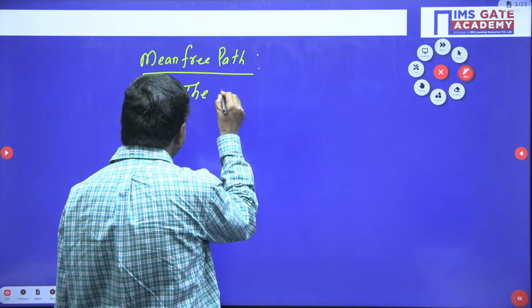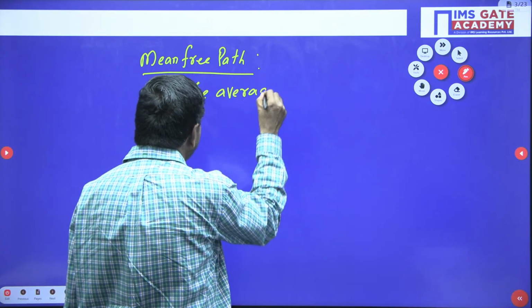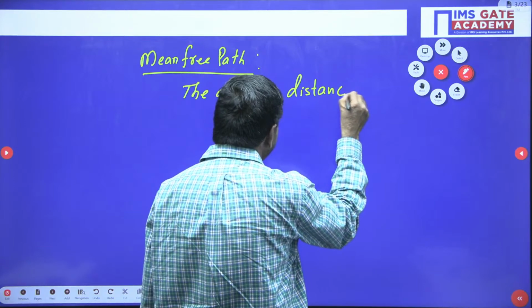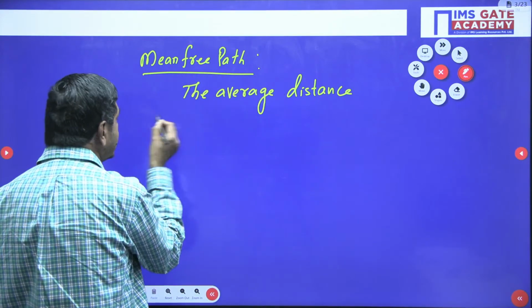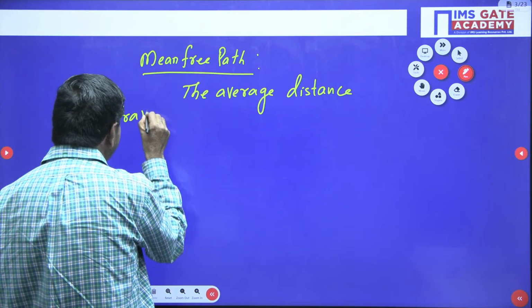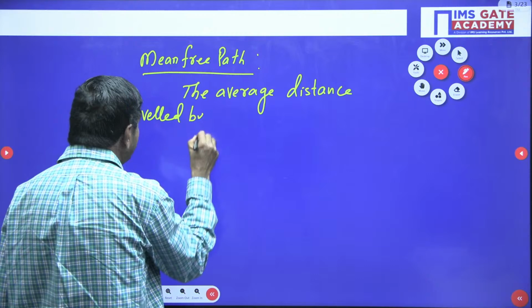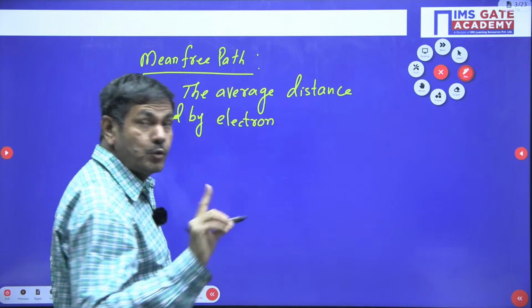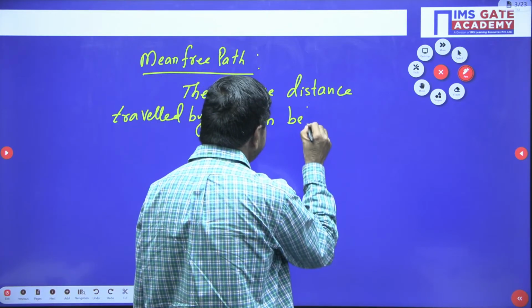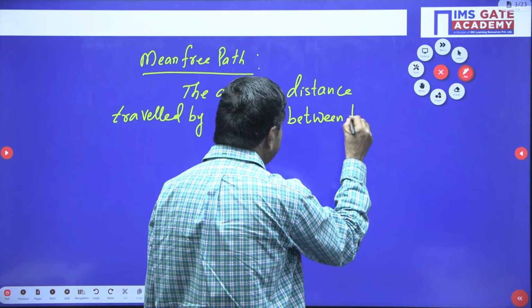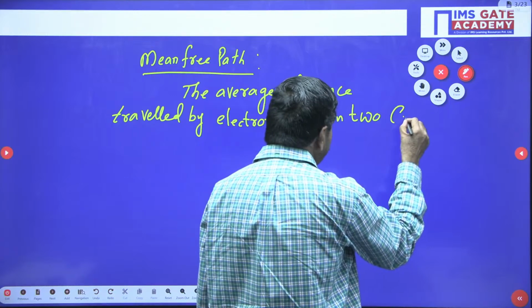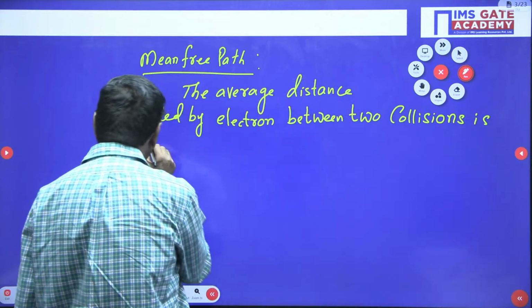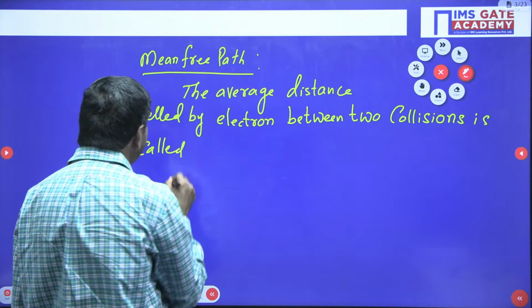The average distance traveled by an electron between two collisions is called mean free path.